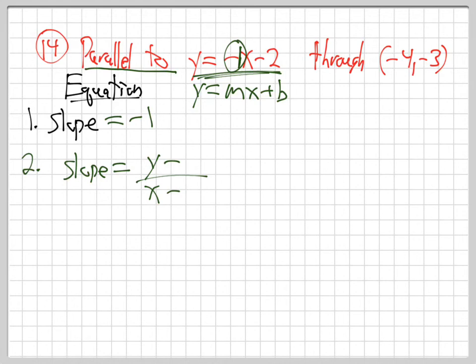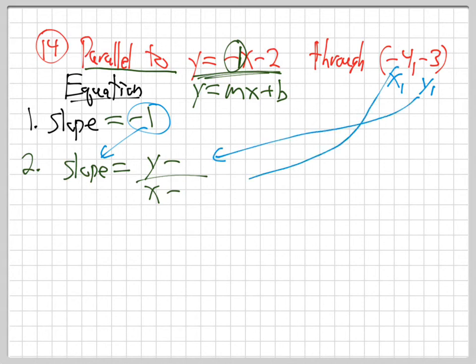Plug the slope into the left side, right? The slope we just discovered. And what do we put in the right side? Yeah, this is our x1, y1, right? So put the y behind the y and the x behind the x, and away we go.